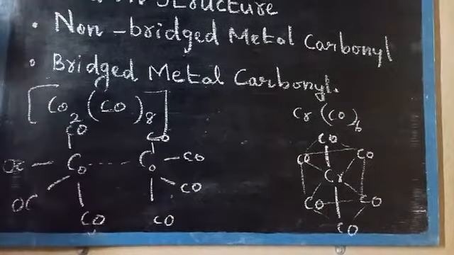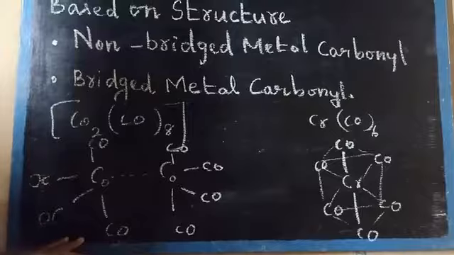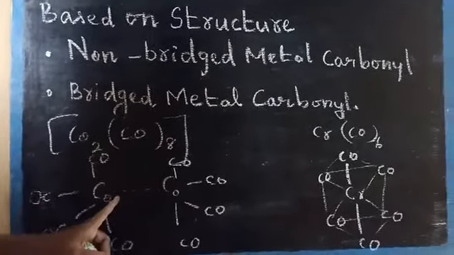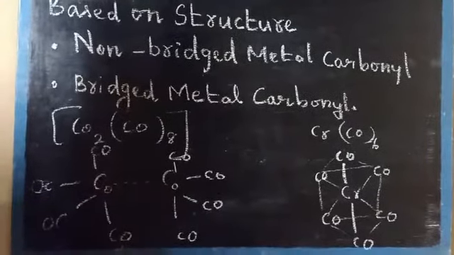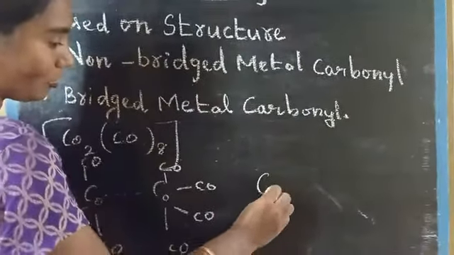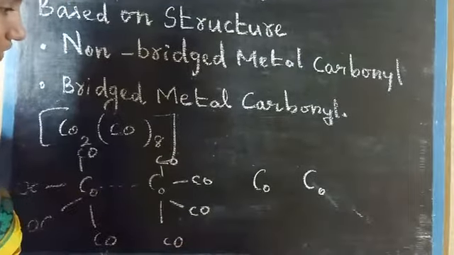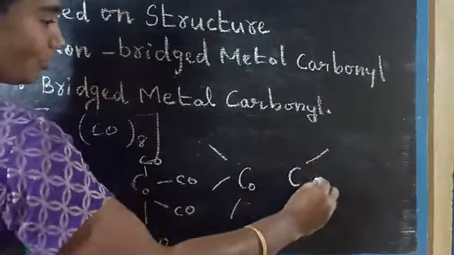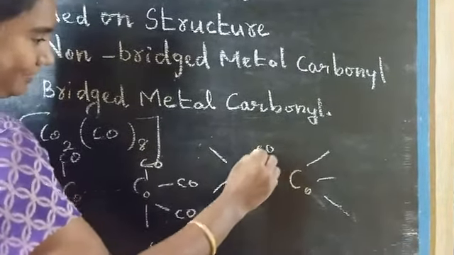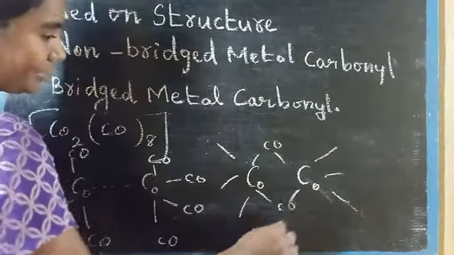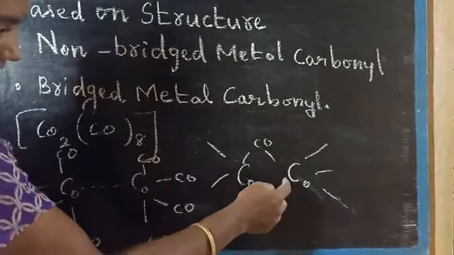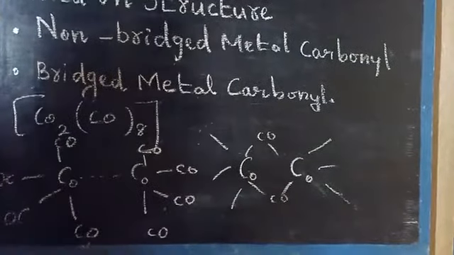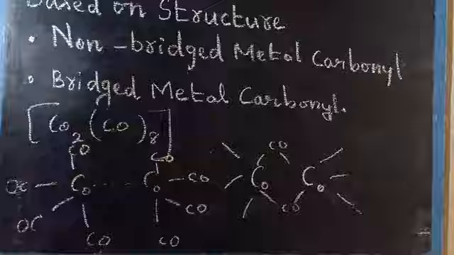This is one example, with only terminal carbonyls. In another, there is a bridge between metal and metal, cobalt and cobalt, with 8 COs in total. Here the metals are bridged by another one, and terminal carbonyl is also possible.